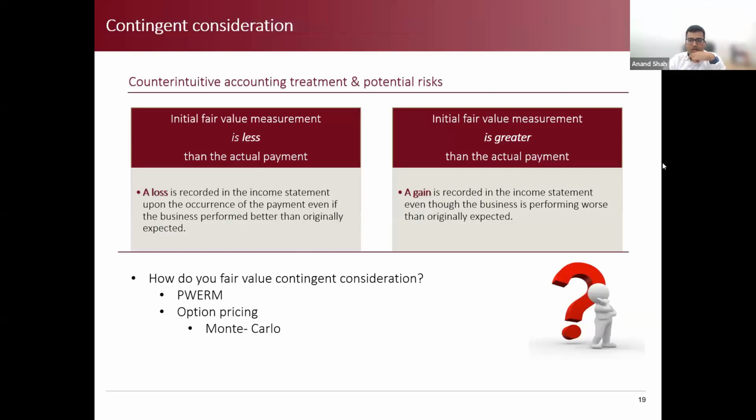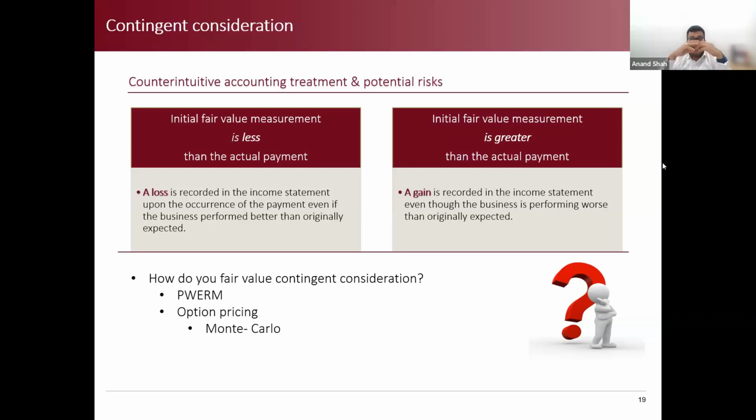Again, stressing the importance of the valuation of contingent consideration, it is very, very important, because think about a scenario where we end up not applying the right approach or method to value it. Say your method led to the fair value of contingent consideration being much lesser than what I ended up paying.